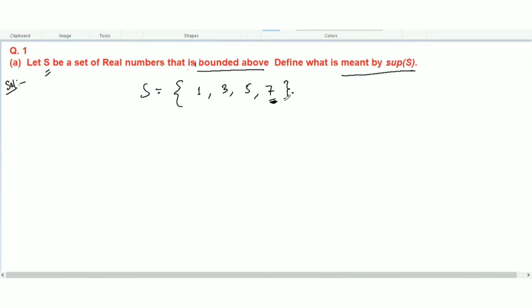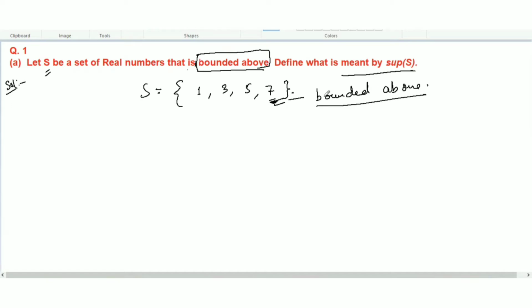Also, 7 is an upper bound of this set S. So you can say that this set S is bounded above. The set which is bounded above has an infinite number of upper bounds.